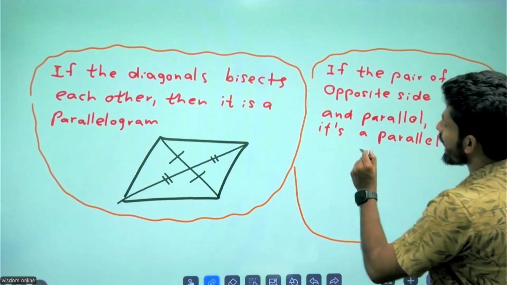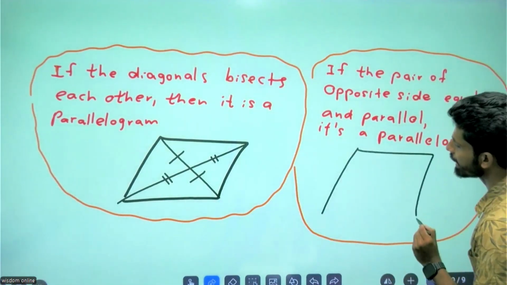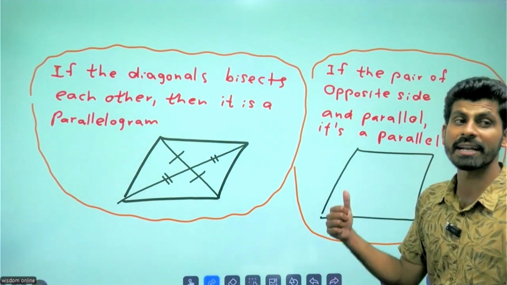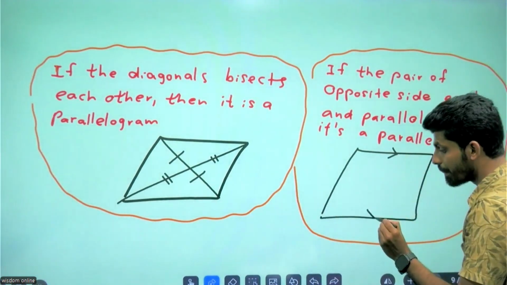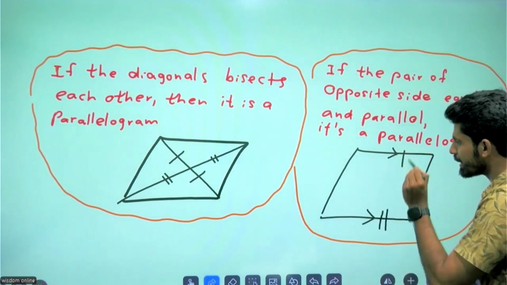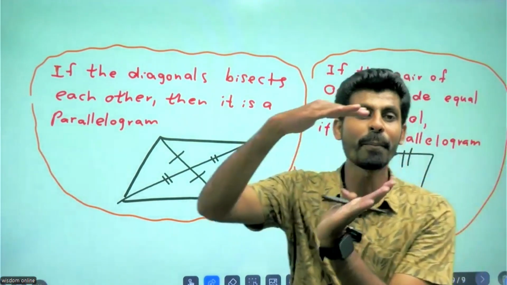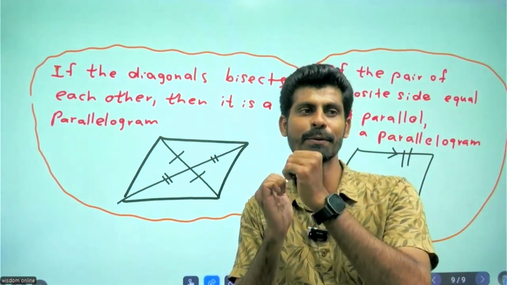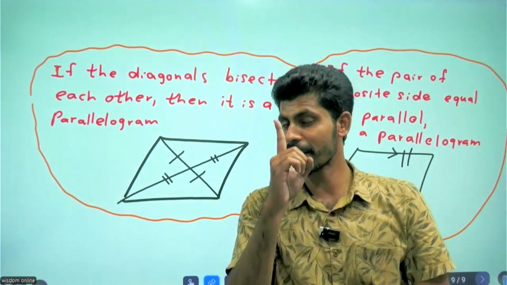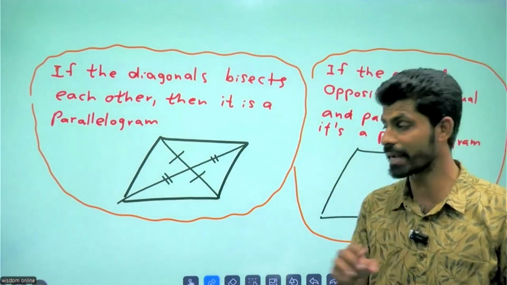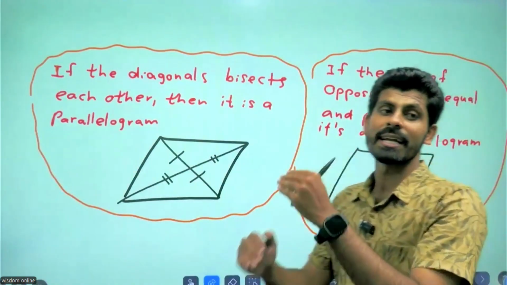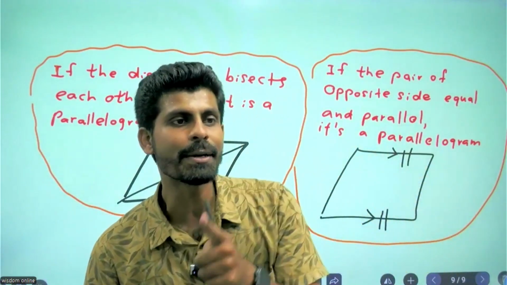If you can prove that one pair of opposite sides are parallel and equal, both should be satisfied for the one pair, then it is a parallelogram.